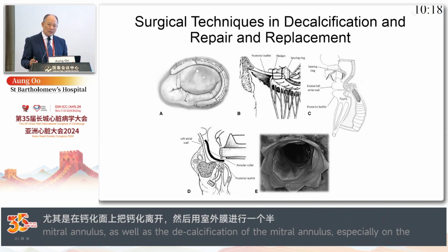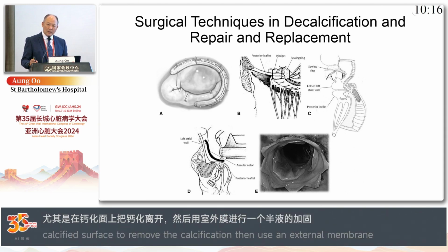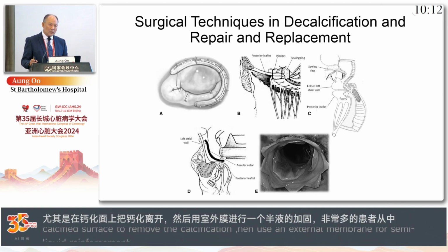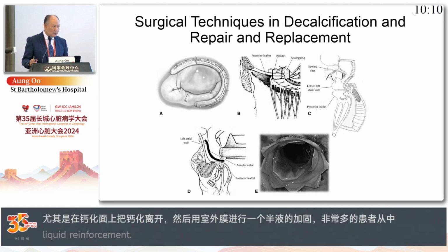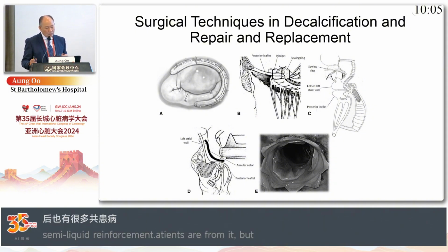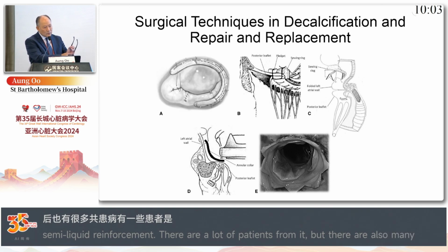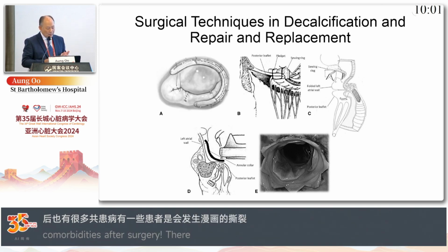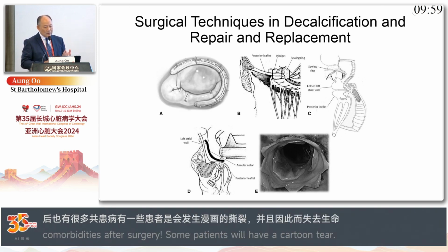Quite a lot of patients end up with severe comorbidity, and some patients have annular rupture and then die from surgery. Then there were various proposals of folding the atrial wall and bringing the mitral valve suture line above the annular plane level to reduce the risk of annular rupture.